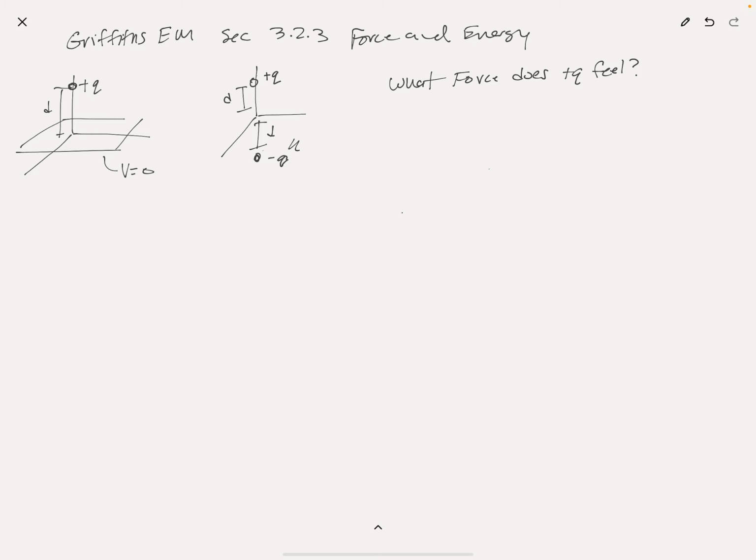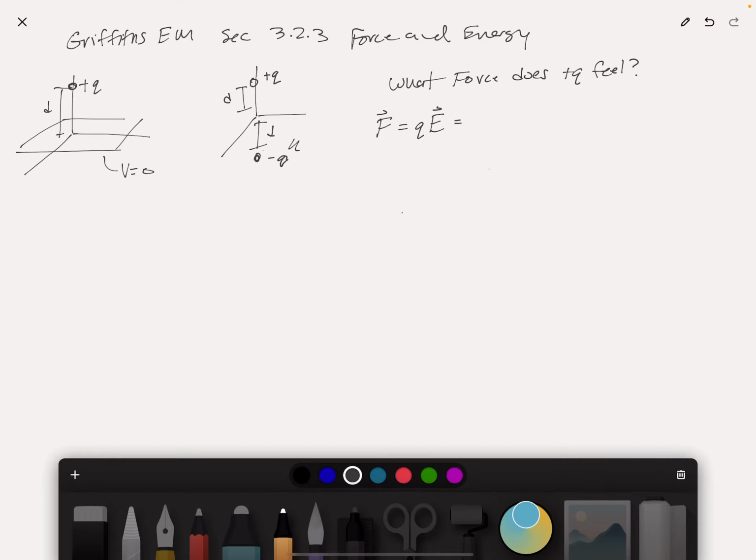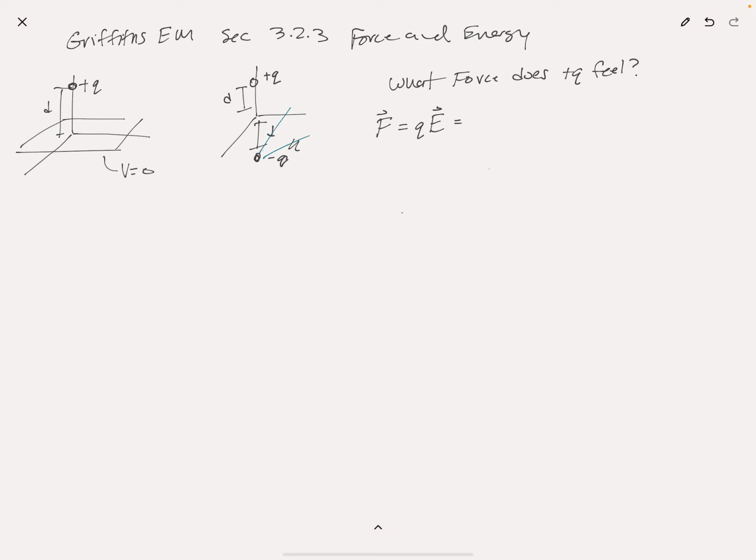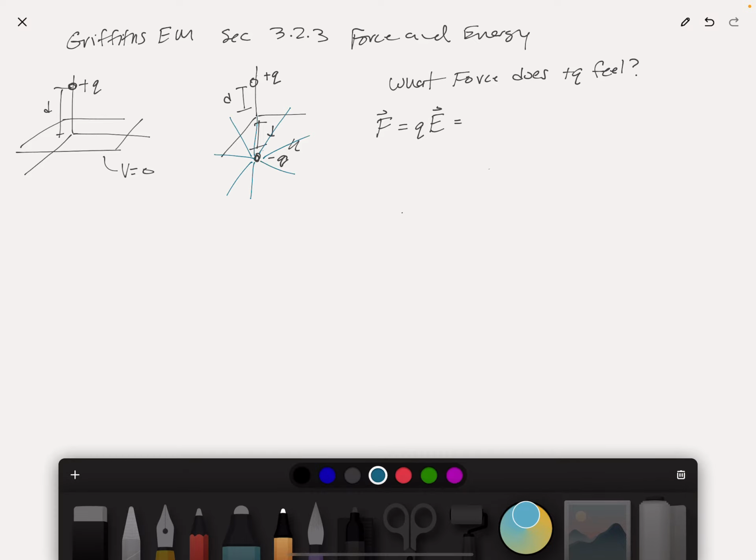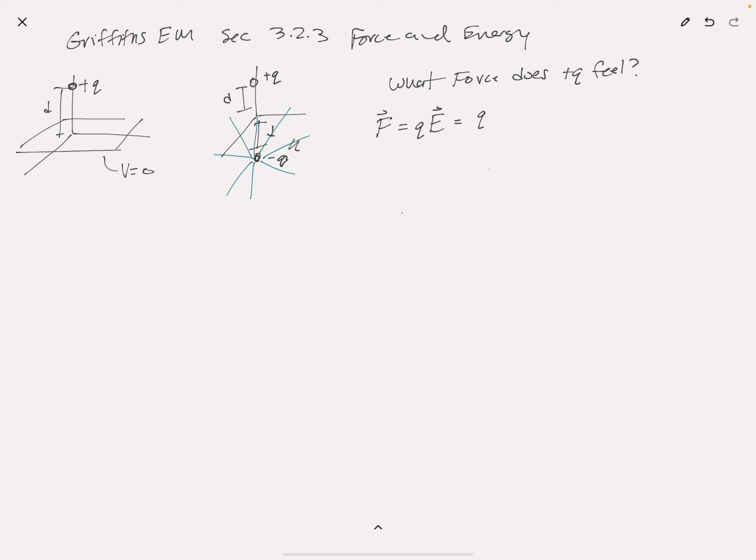All right, well, we have our image charge problem, so we can start with that. The force is equal to the q of that charge times the electric field that it sits in. It sits in an electric field that comes from our image charge. So that is q times 1 over 4 pi epsilon naught times minus q over the distance squared, which is (2d) squared.